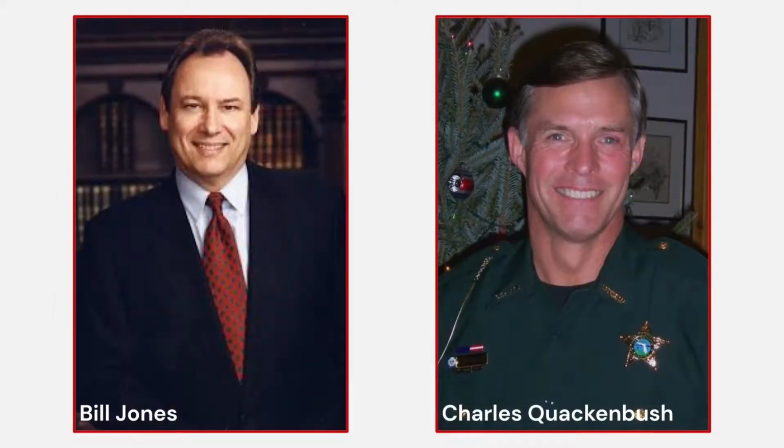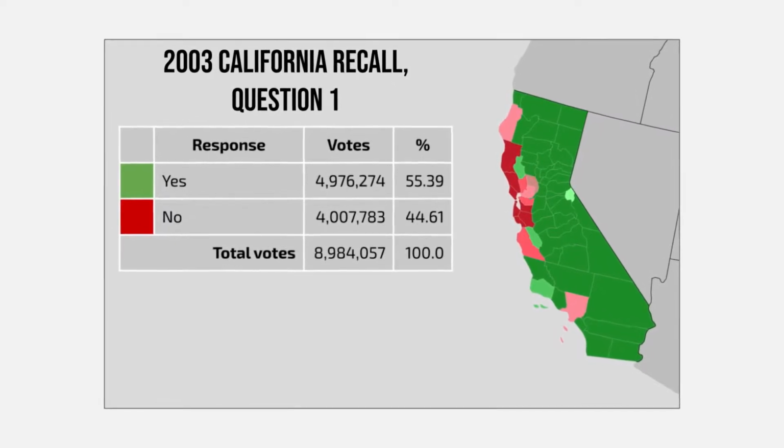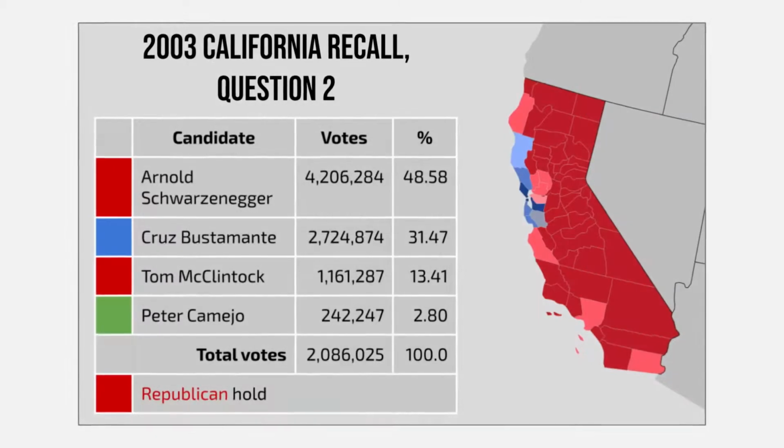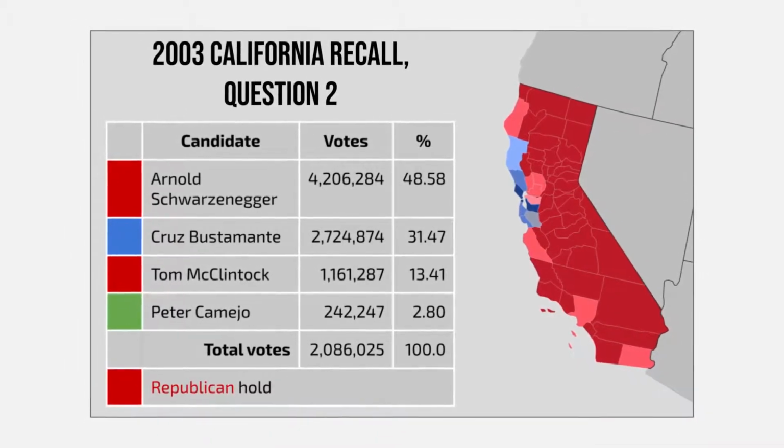California also elected Republicans in the 1998 midterms, including Bill Jones as Secretary of State and Charles Quackenbush as Insurance Commissioner. In the 2003 election, about 55% of people voted to remove Davis from office. That result led to the winner of question 2, Arnold Schwarzenegger, becoming governor.